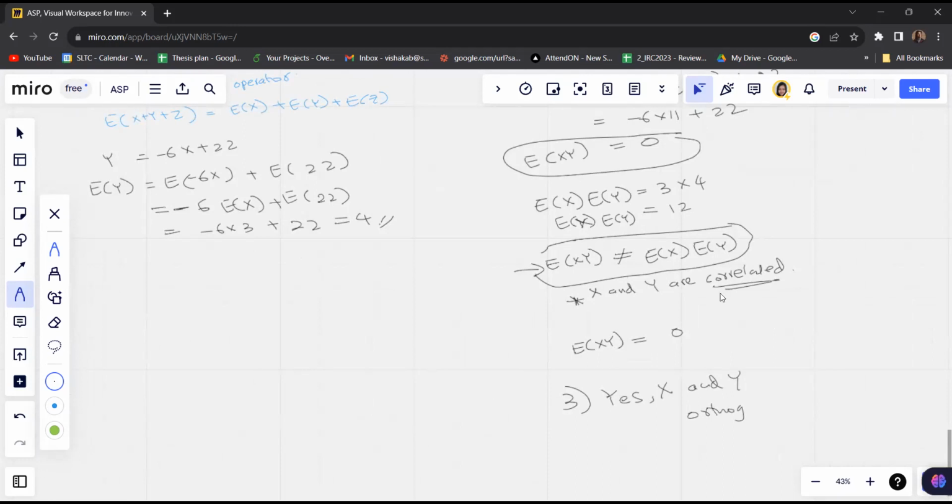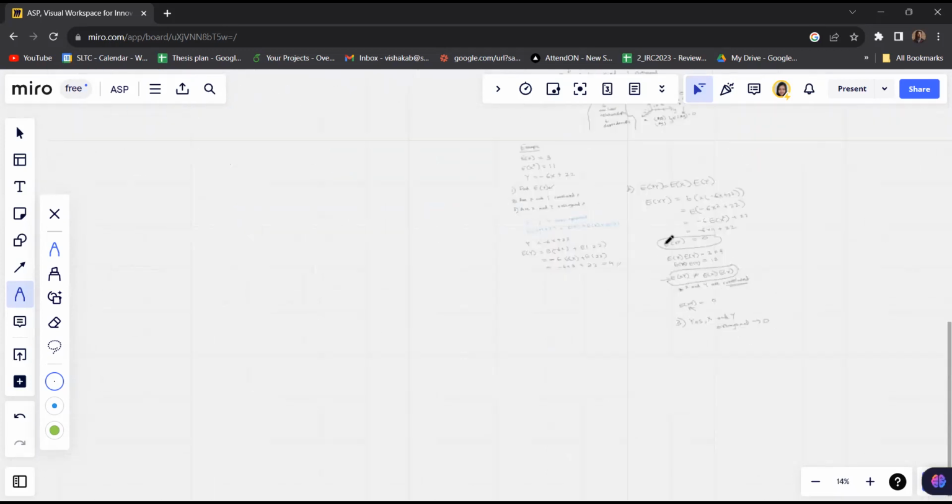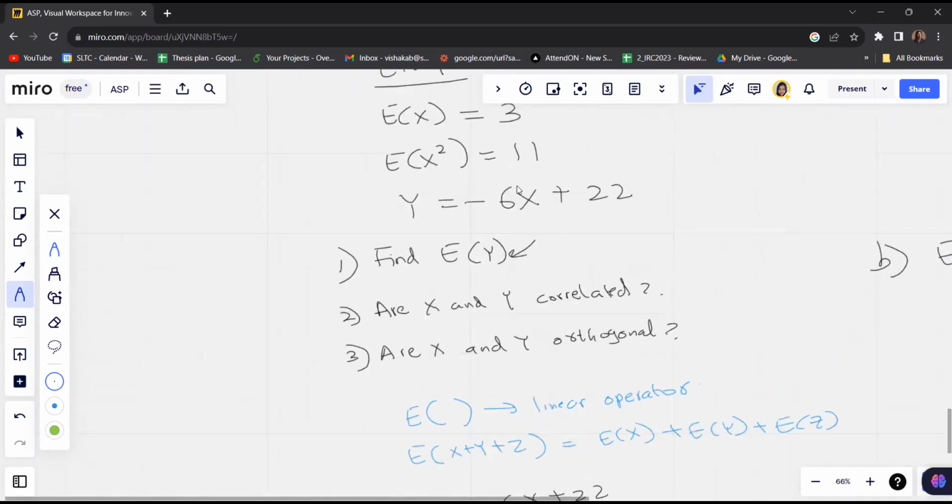Mainly the inner product of X and Y is equal to 0, so because of that, X and Y are considered orthogonal. The answer for the second question is no. So that is how the answers will be.